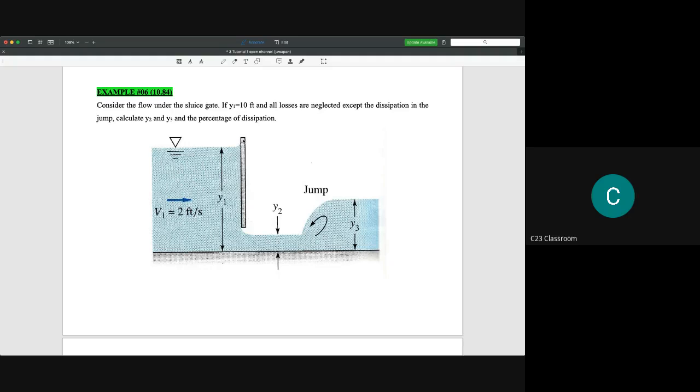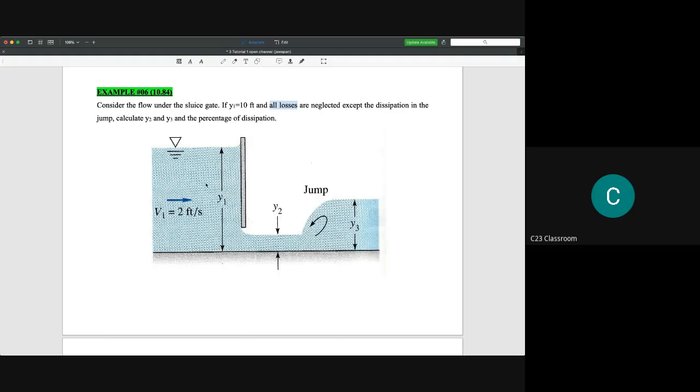Let's say at point number 1 here, the height of water is 10 feet and the water flow here is around 2 feet per second. By neglecting all losses, which here refers to the major loss and minor loss that we learned previously, we just assume that the outlet like this will not create any energy losses.